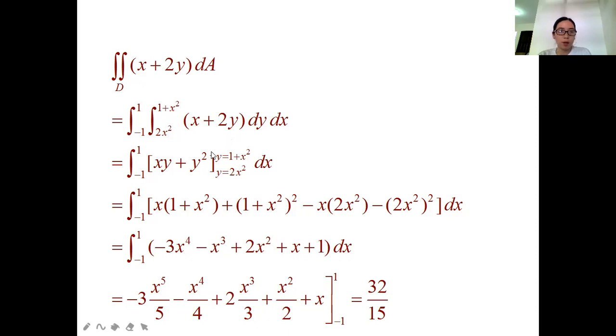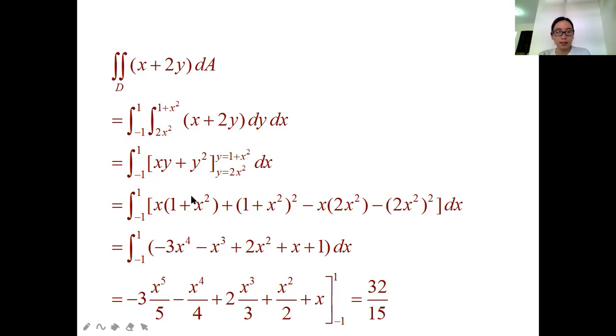Okay, so it becomes 2y squared over 2. The 2 cancels, so what remains is y squared, from y is equal to 2x squared to y is equal to 1 plus x squared dx. Therefore, we apply the integral properties.